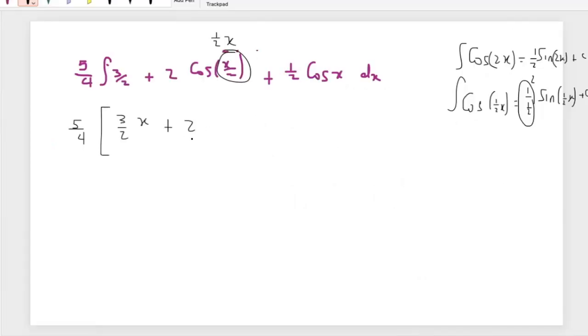So in other words, what I'll have here is 2 sine half x. So it's 2 sine half x plus integral of cos x is sine x, so I'd have a half sine x, and I have my plus c.